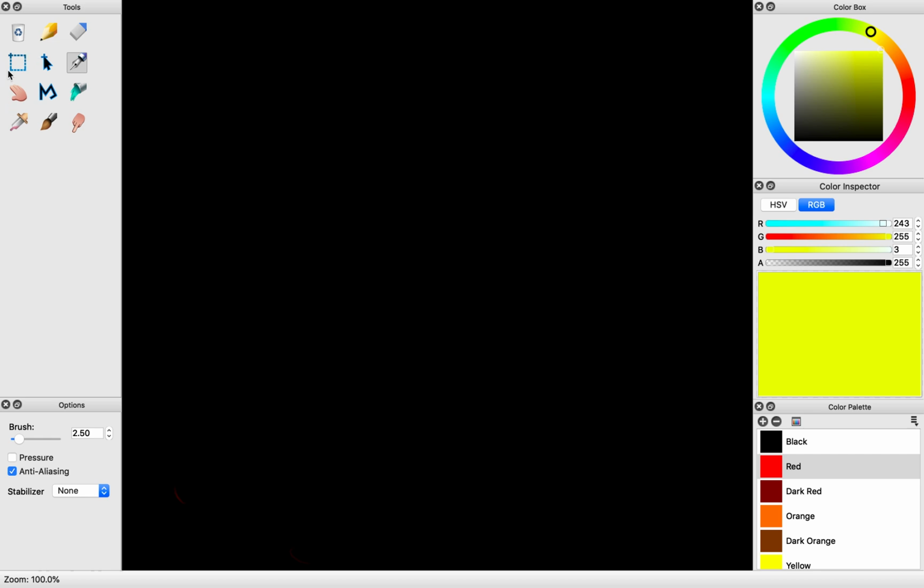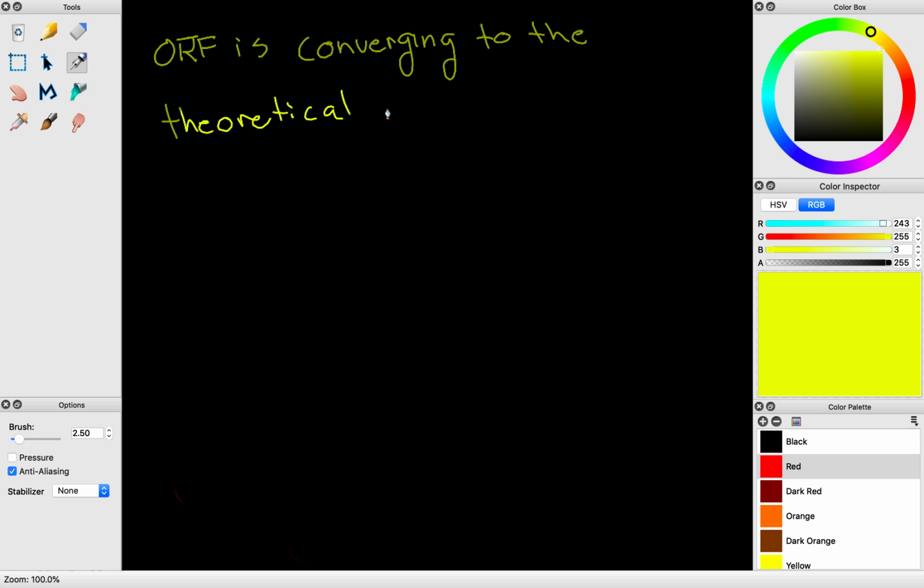All right, so we notice that the ORF is converging to the theoretical probability. And I swear if you use this word converging on the test, I would be super impressed. Converging just means getting closer to.